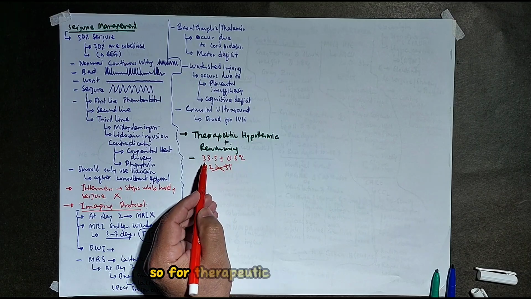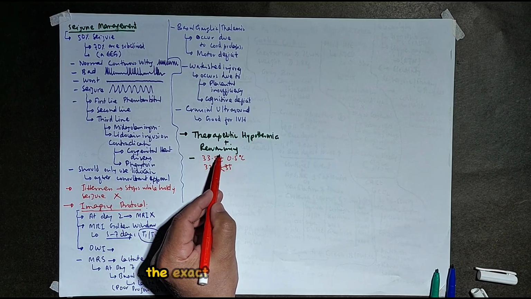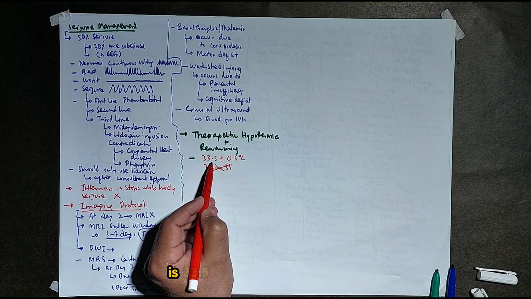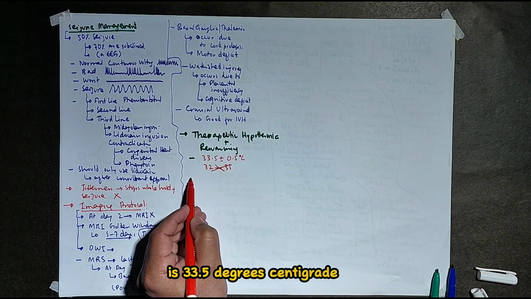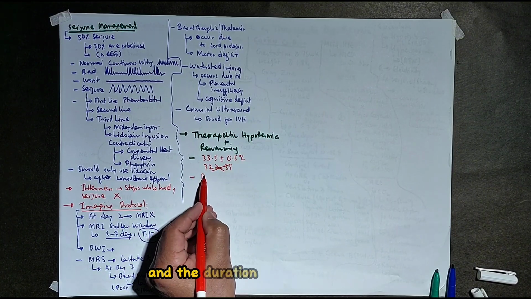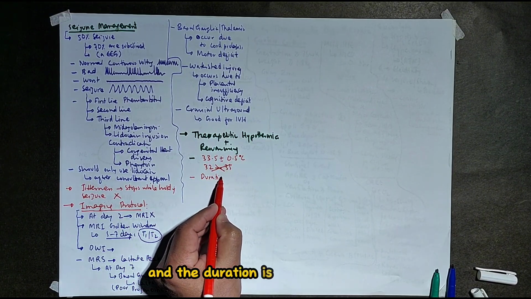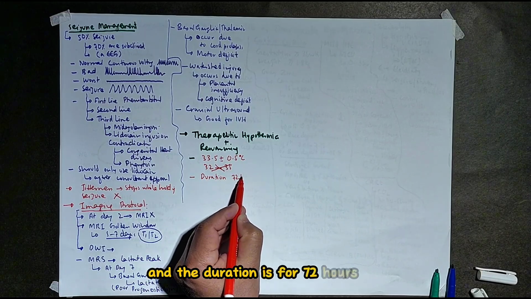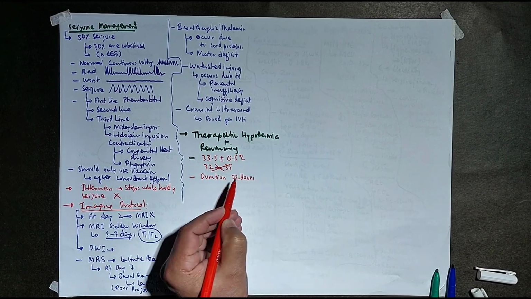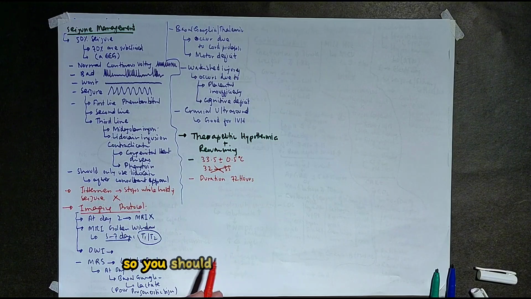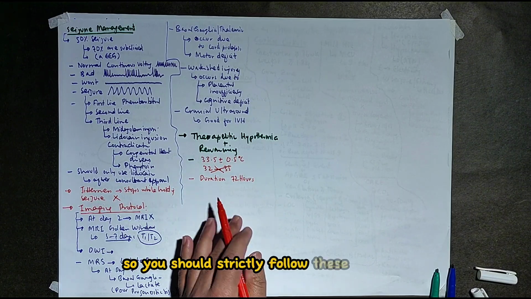So for therapeutic hypothermia, the exact temperature you need is 33.5 degrees centigrade, and the duration is for 72 hours. So you should strictly follow these two rules.